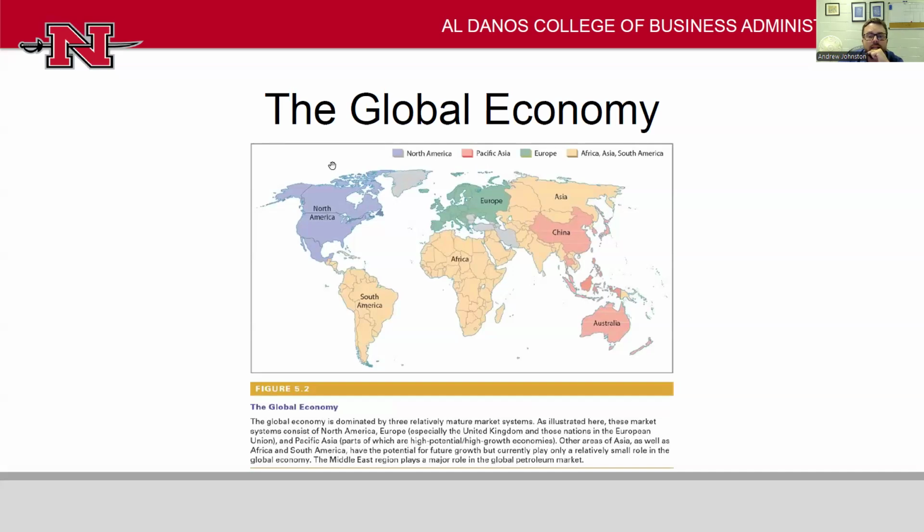But if we look at a summary here, we can see as well the different regions. When we talk about not just the type of economy, but how do we label these regions? Well, we have our mature markets here in North America, of course, in Europe. It used to be just Western Europe, but increasingly now Eastern Europe.